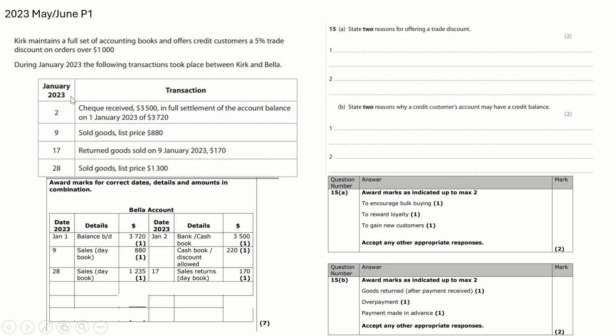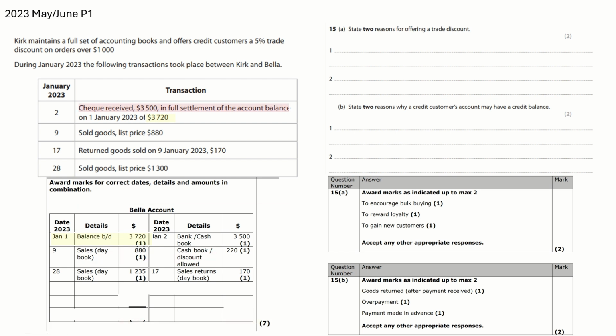Jan 2023. On 2nd, cheque received 3,500 in full settlement of the account on 1st Jan 2023 of 3,720. So first step, you're supposed to enter Jan 1st, balance brought down, value should be 3,720.